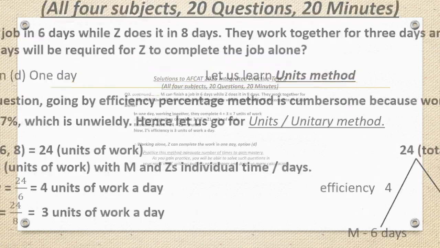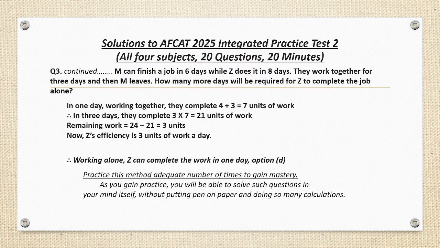Right? Then in 1 day they can do 4 plus 3, 7 units of work. Okay, the total work there is 24. So per day they are doing 7 units and they work together for 3 days. That means they have completed 21 units of work in 3 days.